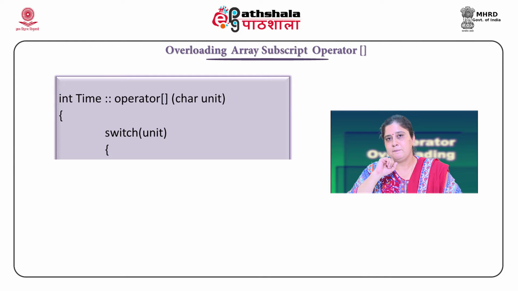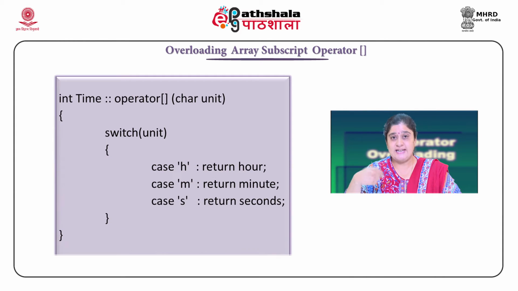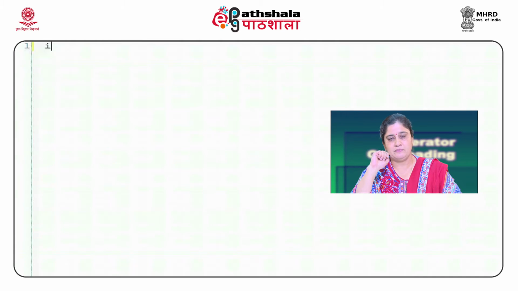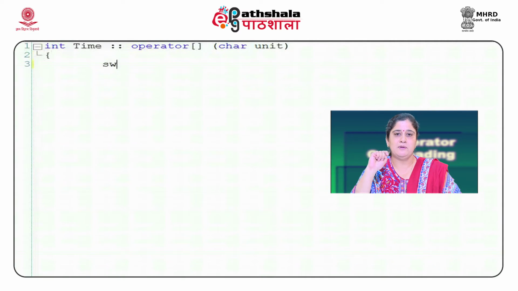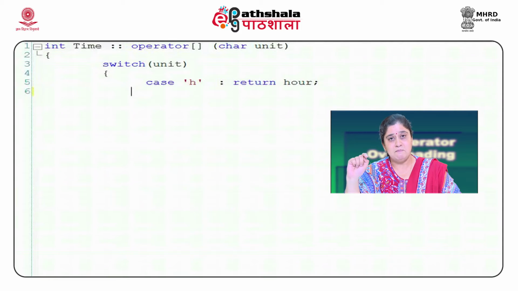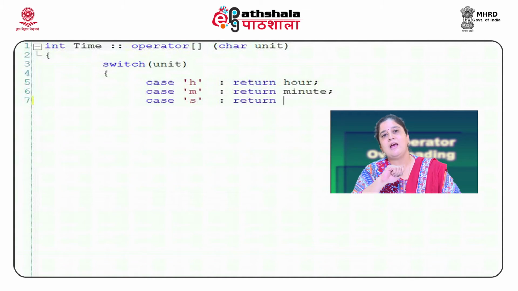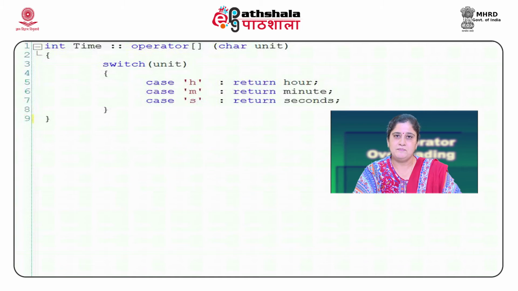Now, this function when overloaded will allow you to get hours, minutes or seconds depending on what character you pass as a subscript, which means if you pass h as a subscript, then the hours of the time object will be returned. If you pass a character m, then the minute stored in the time object will be returned, and if you pass a character s, then the seconds in the time object will be returned.